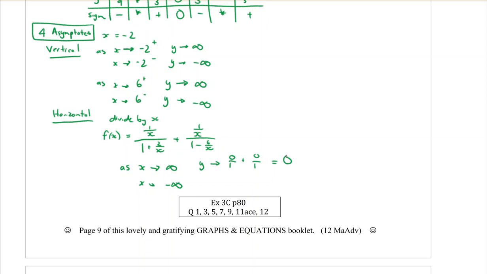How do we get 0 over 1? Because 1 over infinity is 0. Anytime you have these fractions in here, these parts are all going to be equal to 0. So I've got 1 plus 0 is 1 on the bottom. And this one is 0 here, and 1 minus 0, so still 1 on the bottom.